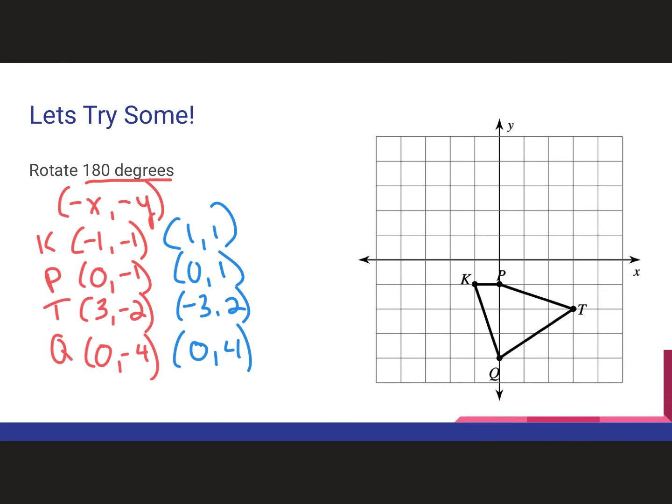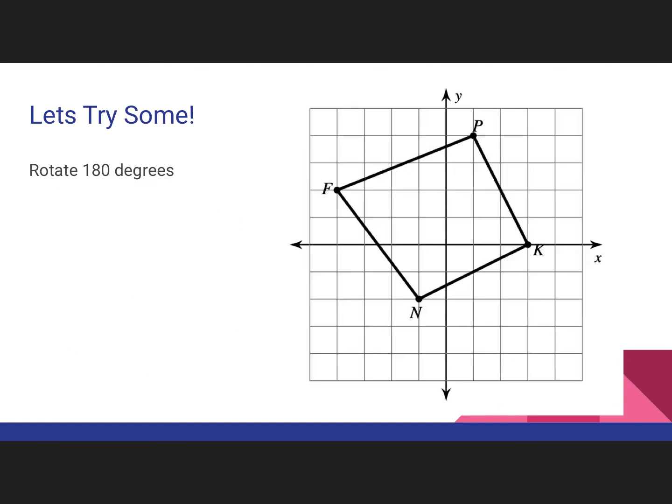So when I plot these points, I plot the point (1, 1), the point (0, 1), the point (-3, 2), and the point (0, 4). And this is my rotation. Again, if you picked it up and flipped it upside down, you're going to end up with the exact same thing.